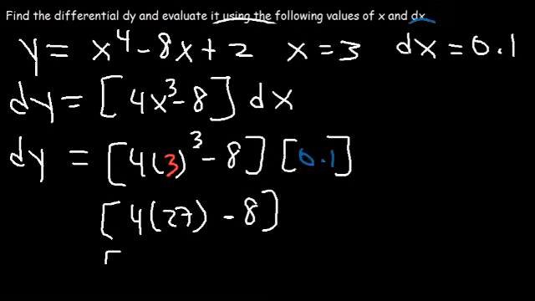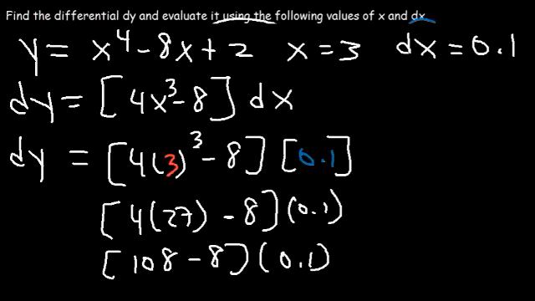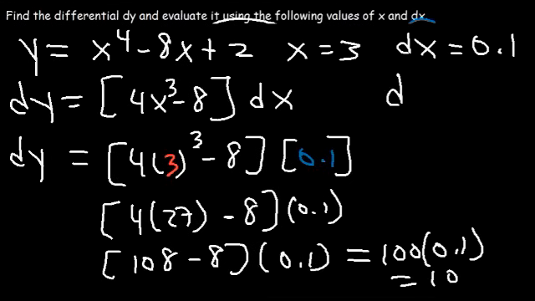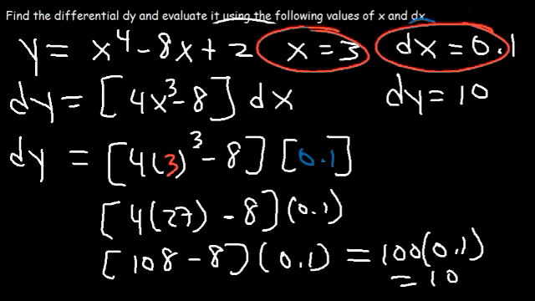So if you add them, you're going to get 108. 108 minus 8 is 100. And 100 times 0.1 is 10. So therefore, dy is equal to 10 when x is 3 and dx is 0.1.